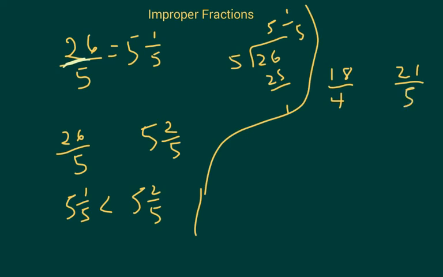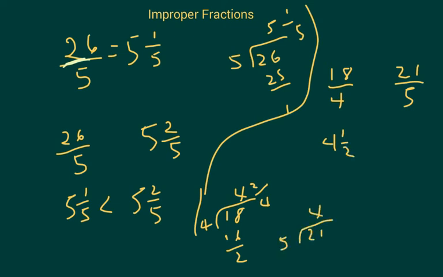We have to convert both of these improper fractions to mixed numbers, and 18 over 4 would be 4 2/4, which reduces to be the same fraction as 4 1/2. So we'll say that's 4 1/2. 21/5 would be 4 1/5.